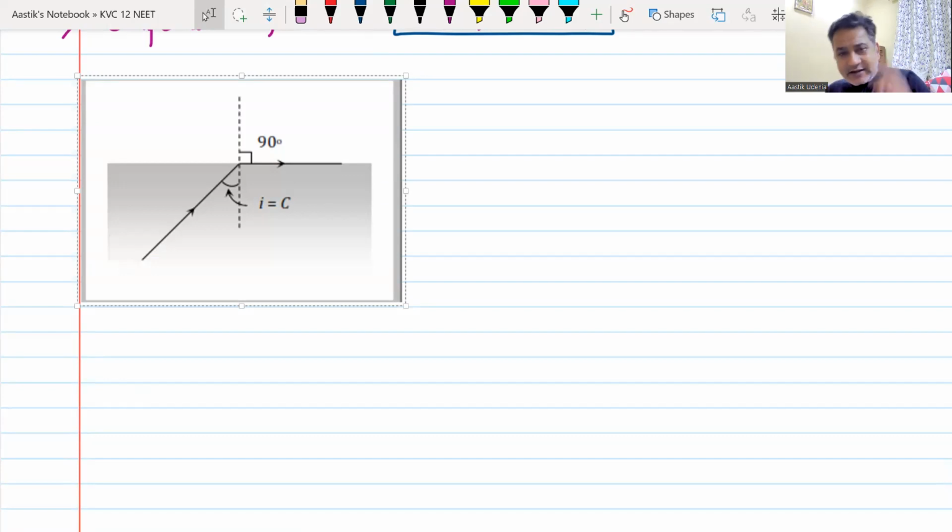What happens if the angle of incidence is further increased? So now I make the angle of incidence more than the critical angle. Then what do you think will happen? Angle of refraction cannot become more than 90 degrees.